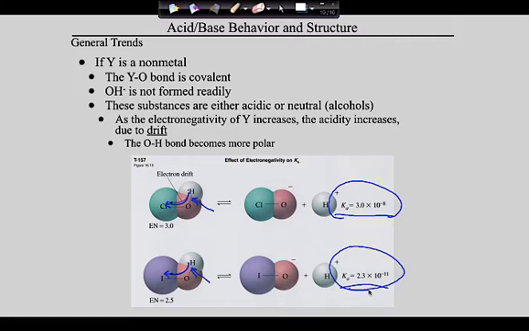Okay, so the idea is this. Let's sort of draw it. So we've got a pair of electrons right here, right? And those electrons are closer to the oxygen than the hydrogen. Why? Because oxygen is more electronegative. But hold on, don't look away.